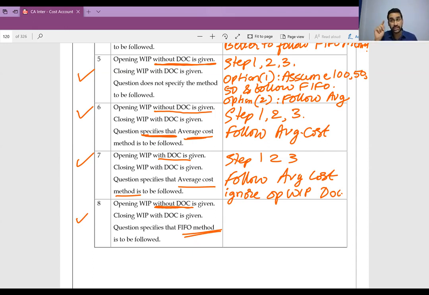Opening WIP DOC is must if you want to do under FIFO method. But what to do? They have not given, read here, without DOC, but they want FIFO method. That means I should assume as 100, 50, 50. Please understand, without opening WIP's DOC, FIFO method is not possible. For FIFO method, I need it. They don't give, then take 150, 50.